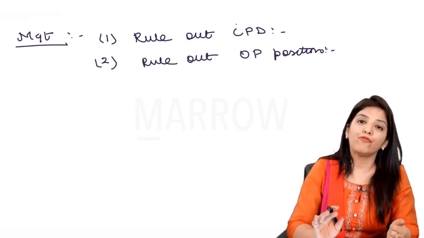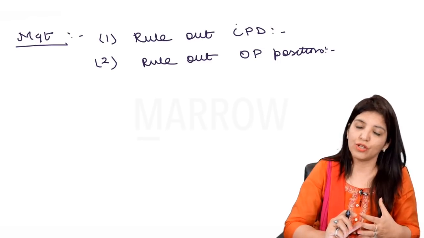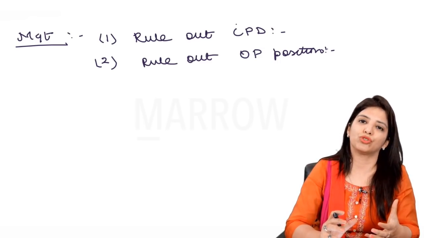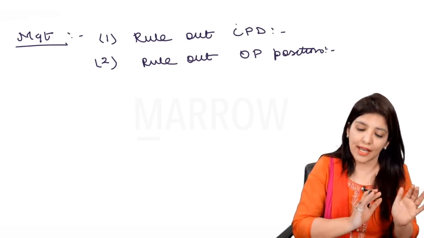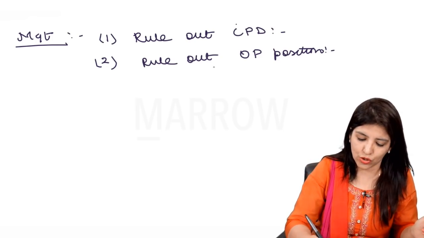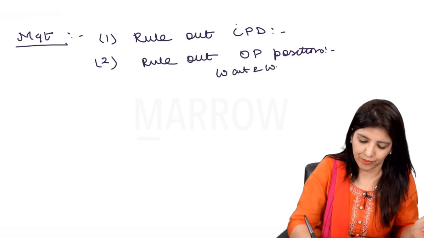So, if on per-vaginal examination you find it is occipito-posterior position and that is why the active phase is prolonged, you have to do nothing. You just wait and watch.